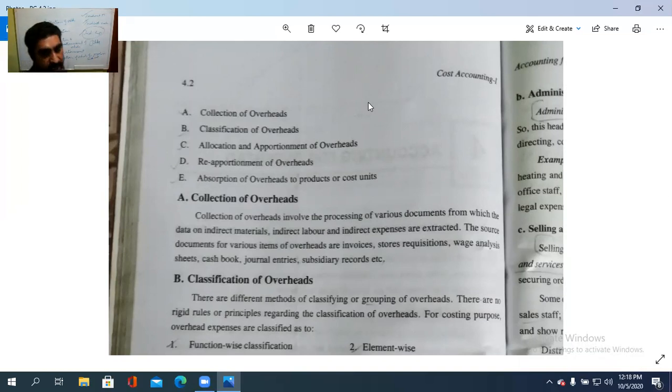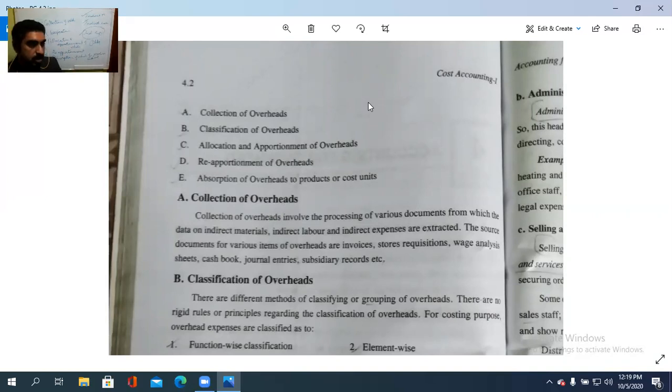Collection of overhead involves the processing of various documents from which the data on indirect material, indirect labor, and indirect expenses are extracted. All those parts pertaining to the production process where indirect is there, whether it is the material cost, the labor cost, or the expenses, whatever constitutes the indirect part is to be extracted out of the total cost.